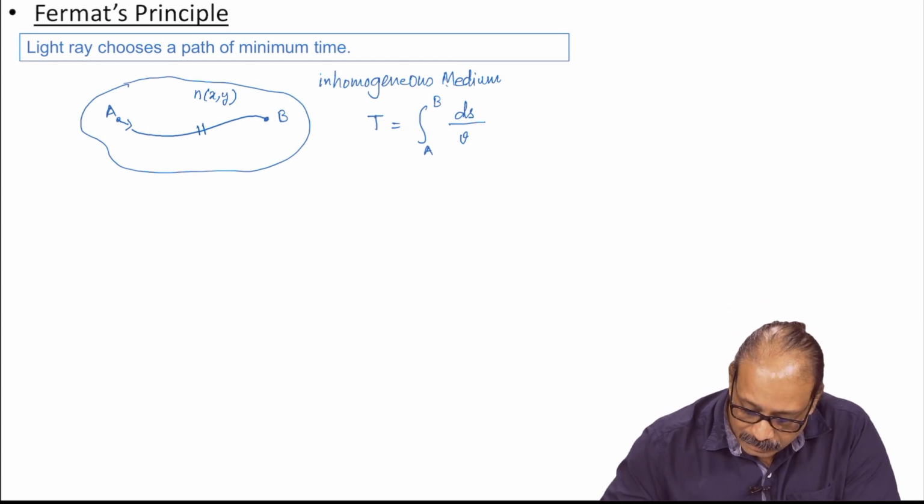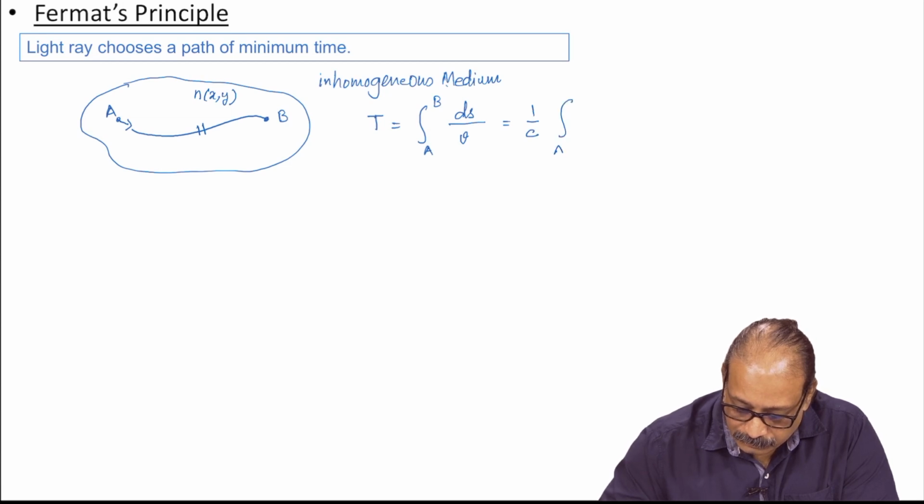And we can of course readjust this a little and write this as 1 over c integral from A to B of n.